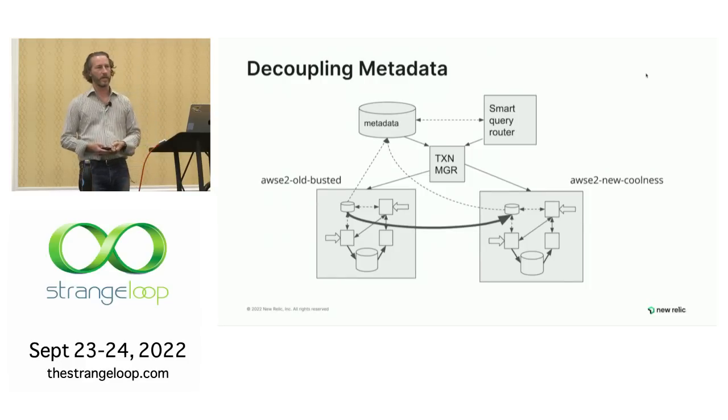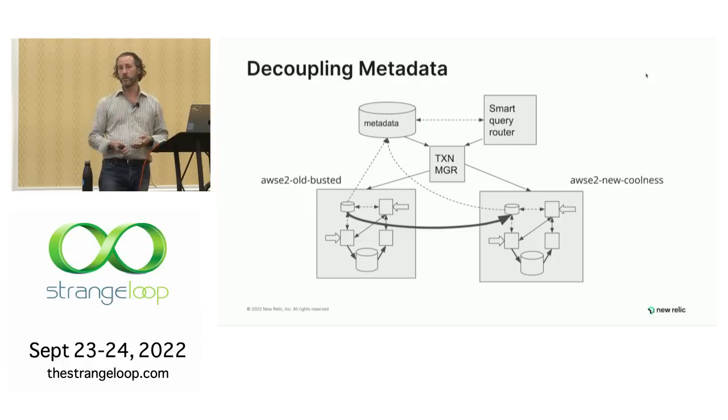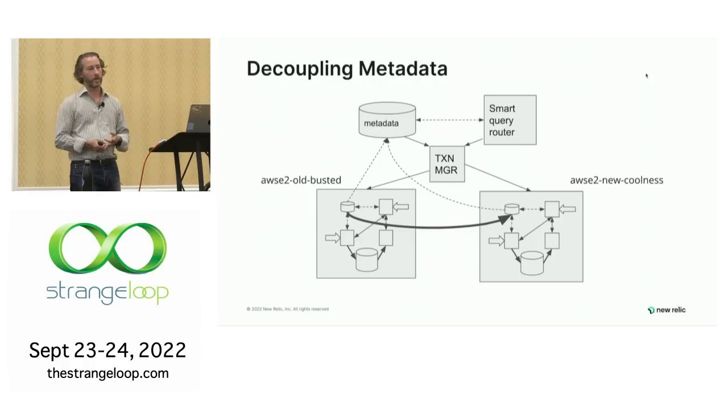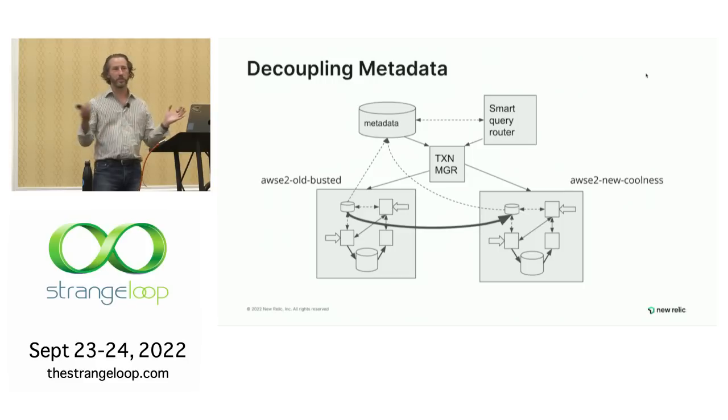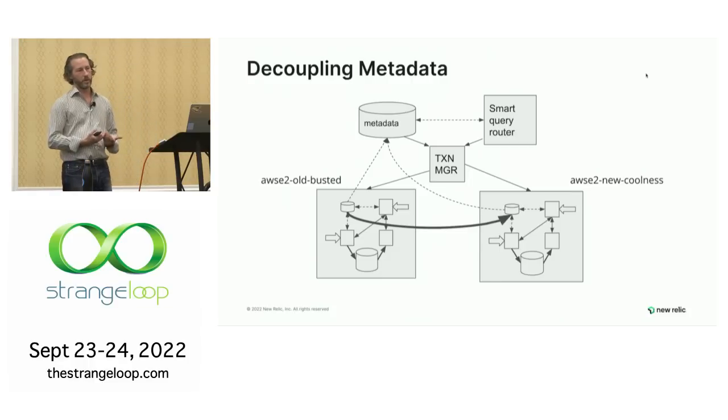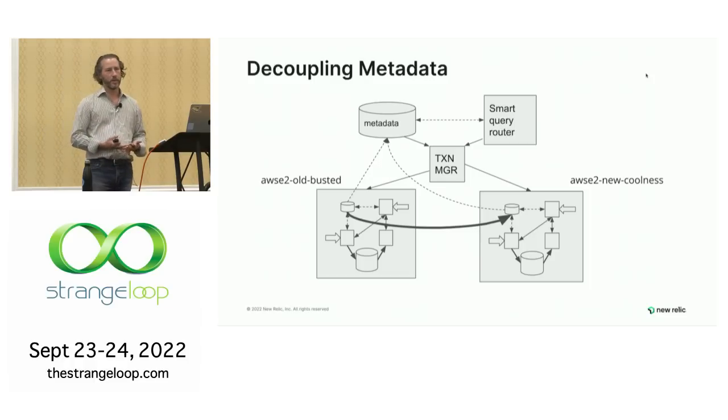As I said, we stopped shipping data around between cells. At the moment, we still have to move the metadata around, which still means we have the complexity of doing that transactionally and what have you. So this is also a thing where we are designing the next generation of our metadata system that will allow us to stop doing this sort of transfer back and forth.